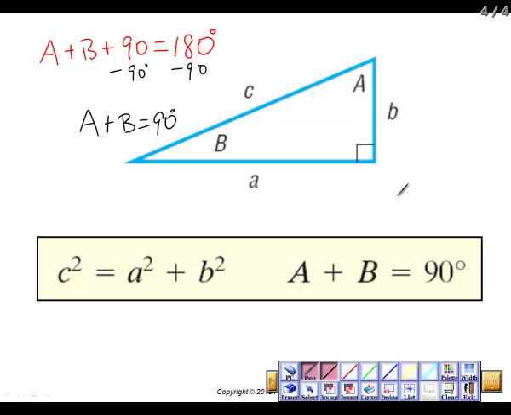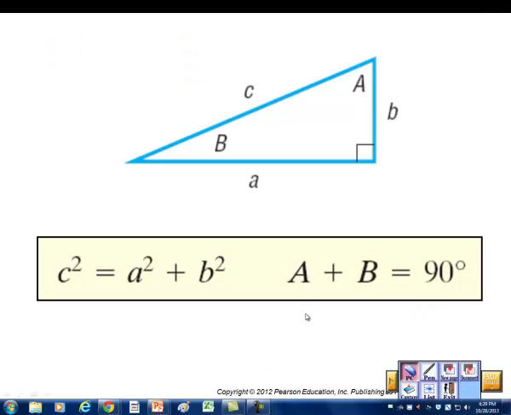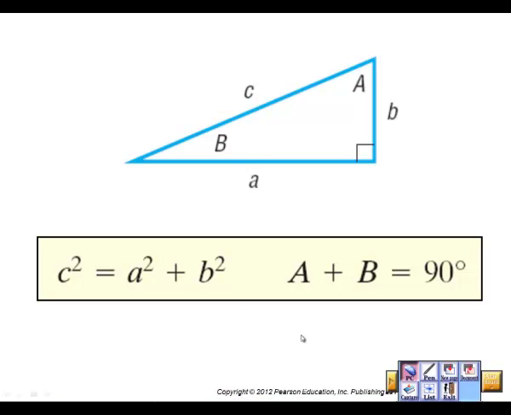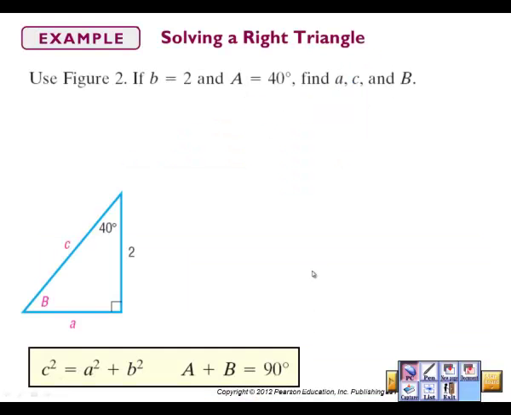And when we talk about solving our right triangle, we're talking about finding all the sides and all the angles from what we are given.